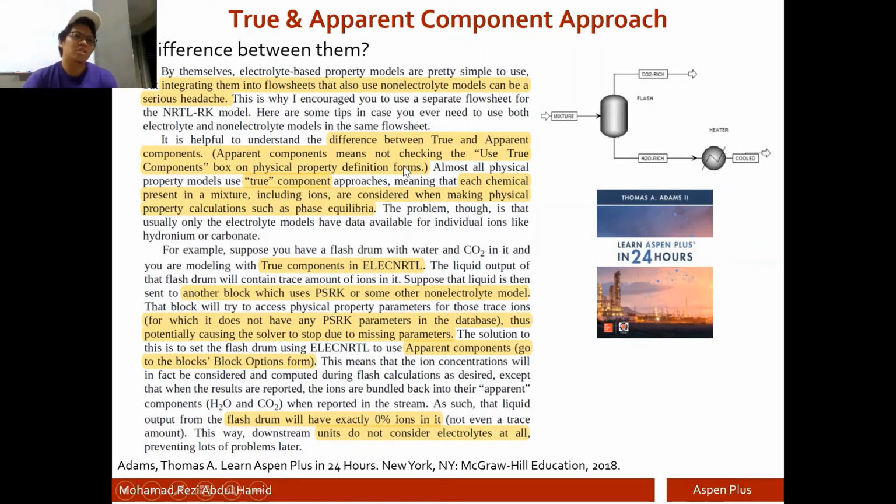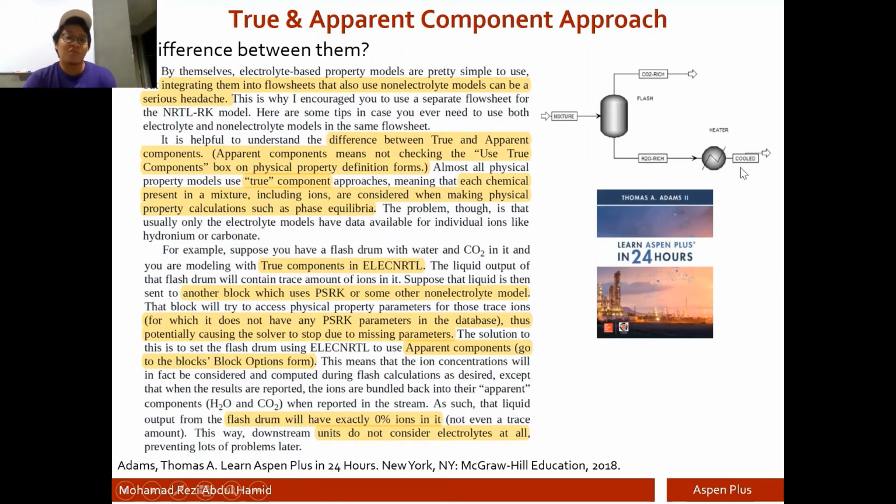Now, if you choose a true component approach for the flash column, Aspen, as I mentioned before, will report the flow rate of the ions, meaning that there will be ion flow rate going into the heater.